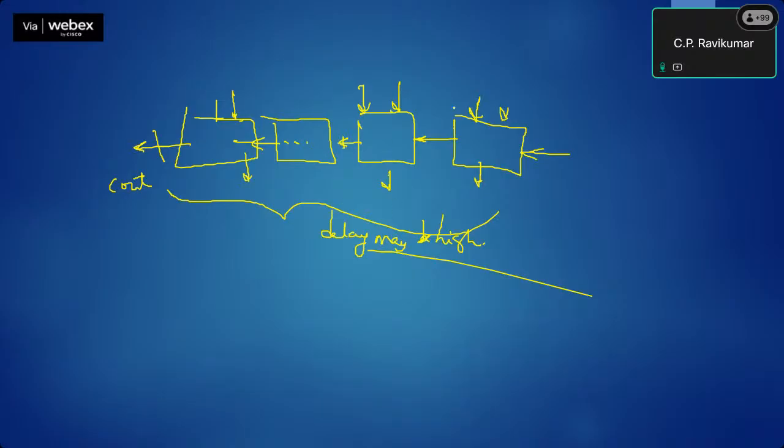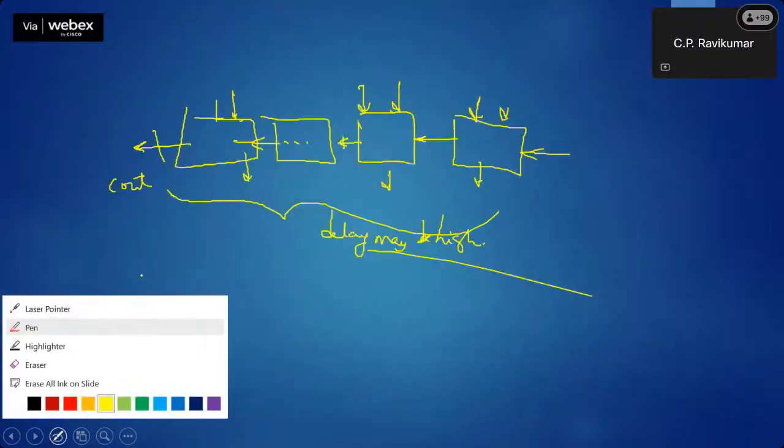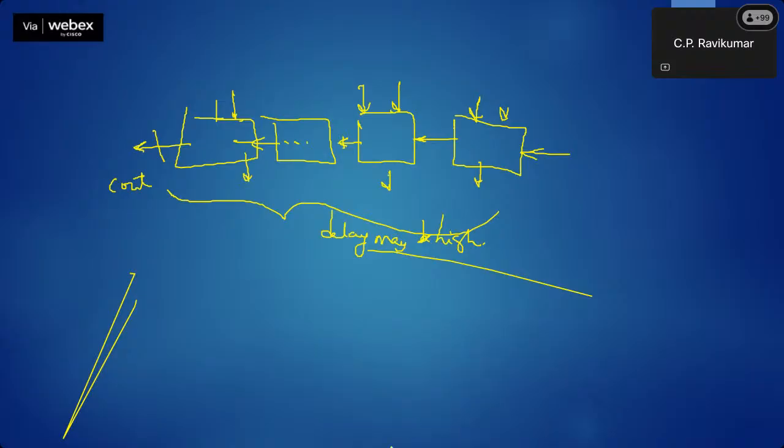Okay. So in one extreme case, we can use a single BCD adder. And what we can do is, so we have two registers.